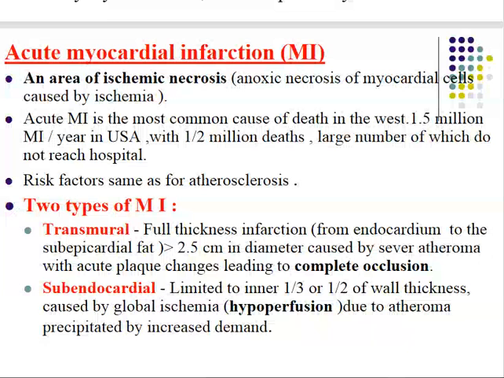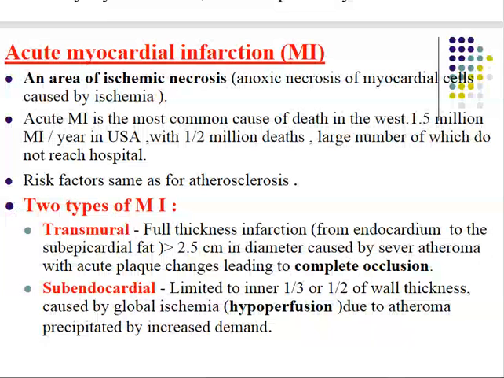And the second type is subendocardial, when the infarction is limited to the lower inner third or half of the wall thickness, caused by global ischemia. That is to say, there is hypoperfusion, global ischemia.